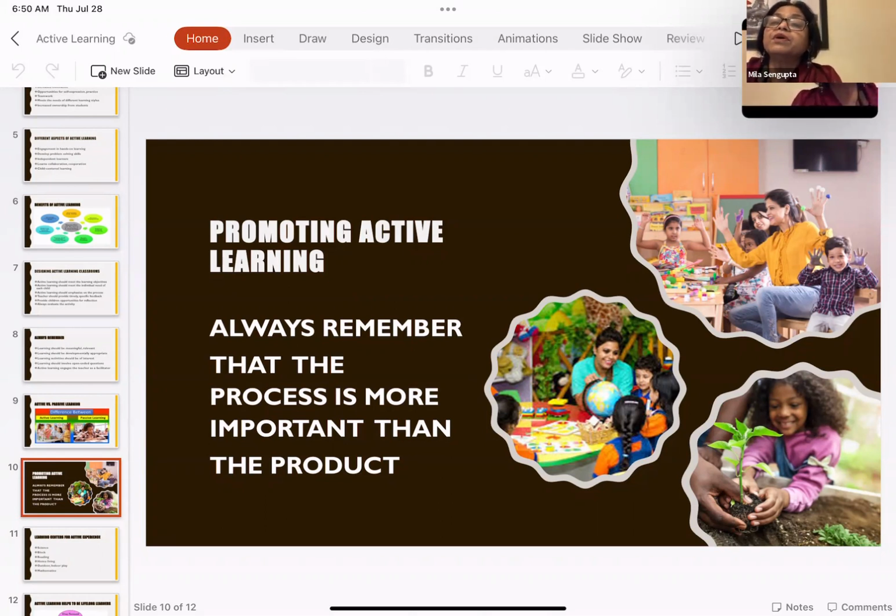So always remember that the process is more important than the product. Please ensure that children are engaged. You plan activities that are teacher directed, but also child initiated. Children take a lead role in actively participating in the classroom, and they take interest in doing what they're doing, and there is spontaneous learning happening in the classroom.